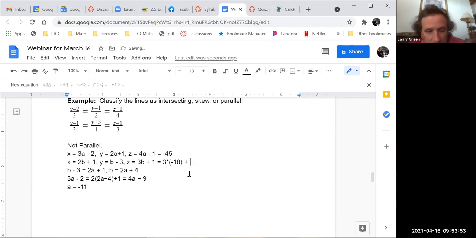Well, 3 times negative 18 is negative 54, sorry, you're right, 54, not 57. So negative 54 plus 4 is negative 50. I try and do this too quickly. Negative 50 and negative 45 are not the same, so that means they don't intersect. Therefore, the lines are skew.